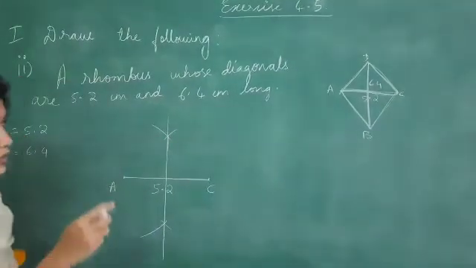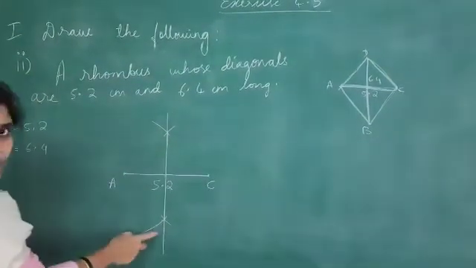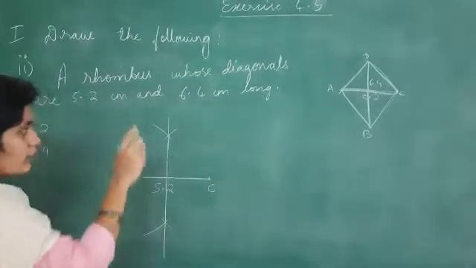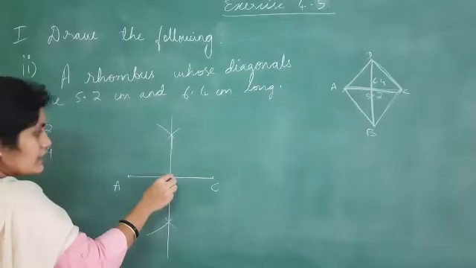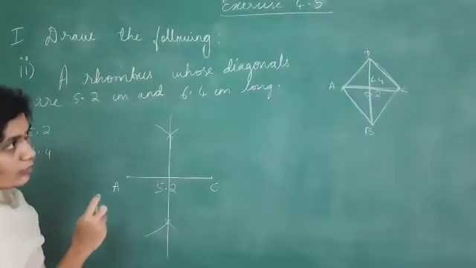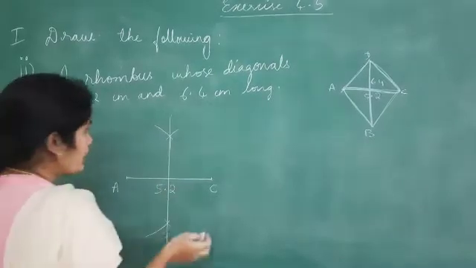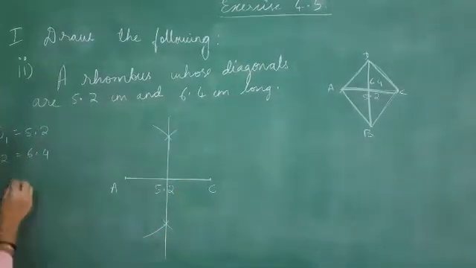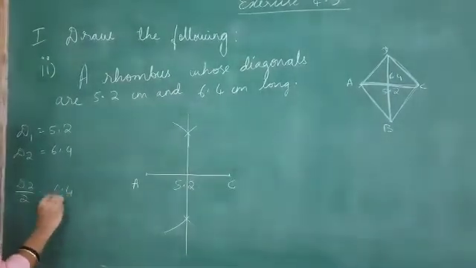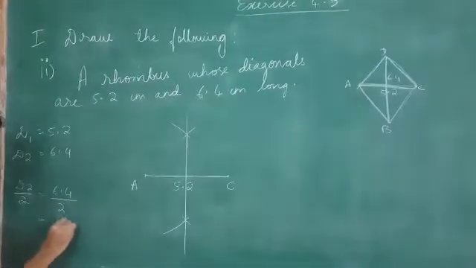Now we don't know what our diagonal's length is here. Already we have drawn only the 5.2 base and a perpendicular line, but this line should be of 6.4 length, which is required for our rhombus. But 6.4 directly you cannot take, so divide it into half, d2 by 2, 6.4 by 2, which is 3.2.